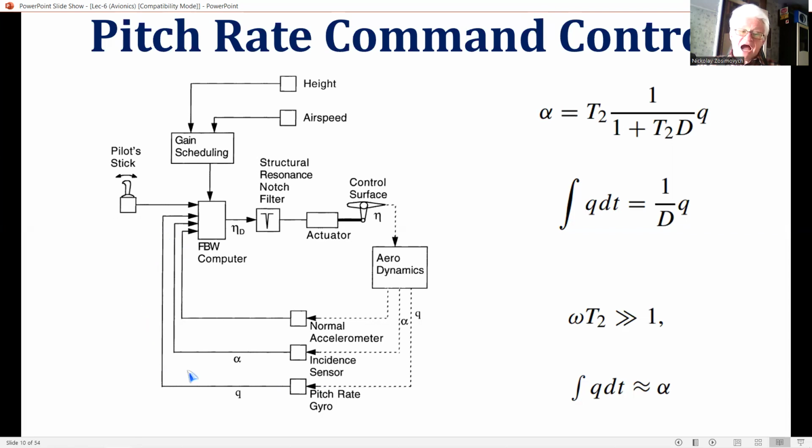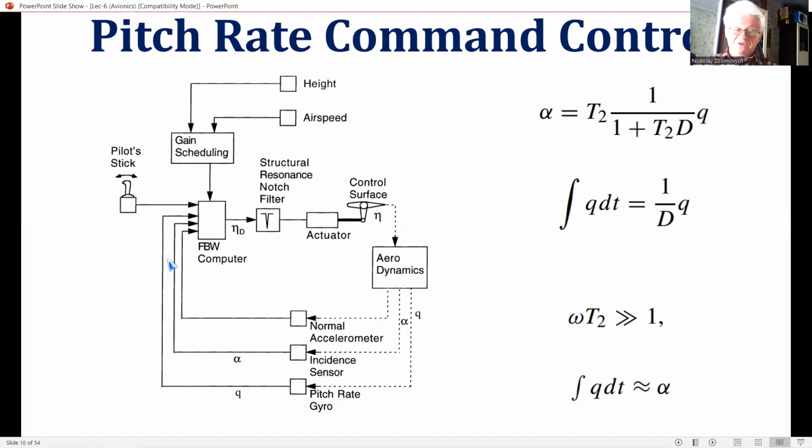In the case of an aerodynamically unstable aircraft, an integral of pitch rate term is also used to provide a quasi-incidence term to counteract a positive and so unstable M sub alpha. It's next line, incidence sensor.